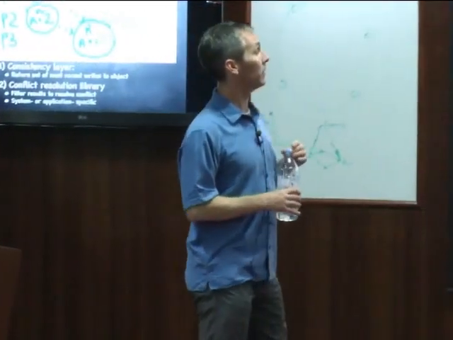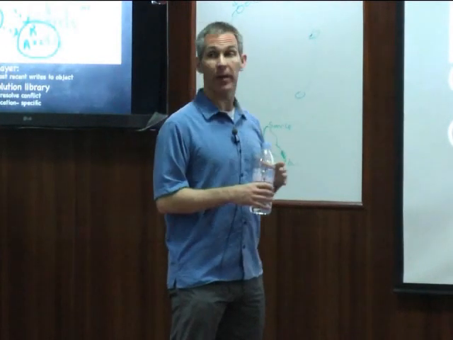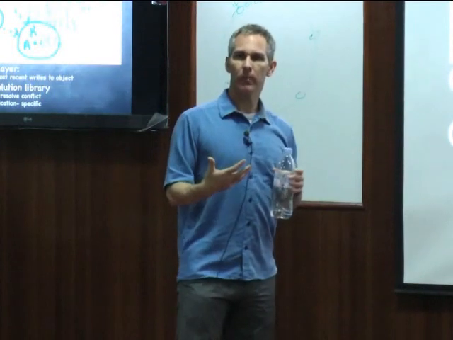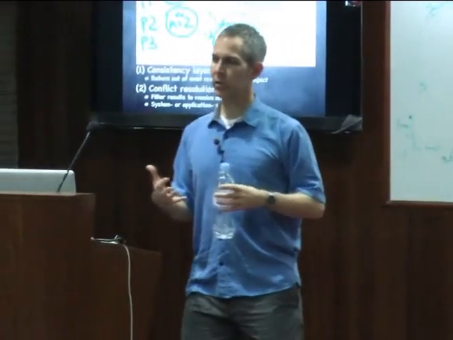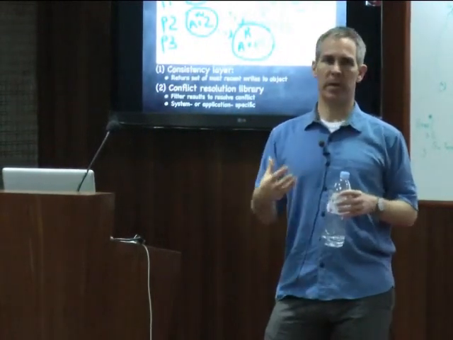And so to deal with conflicts, you'll want an additional layer above the consistency layer to resolve these conflicts. And as I've said, different applications or different systems will resolve these conflicts in different ways.